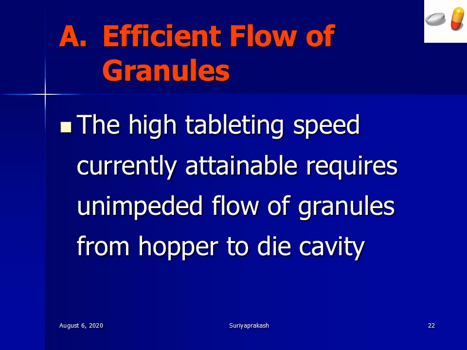In that hopper you add all the granules for converting into tablets. These granules slowly come down and fill the die cavities, and when flowing from the hopper into the die cavity, the smooth flow should be there, efficient flow of granules.